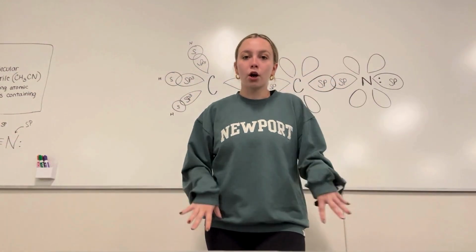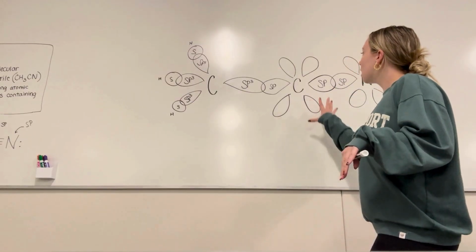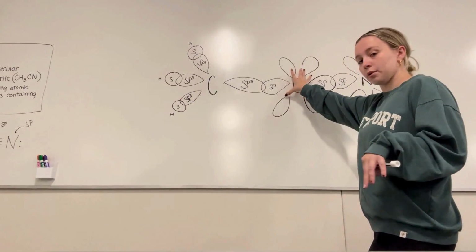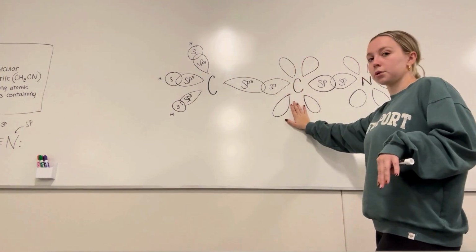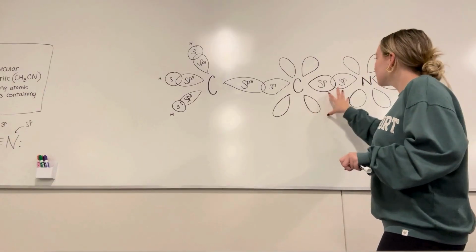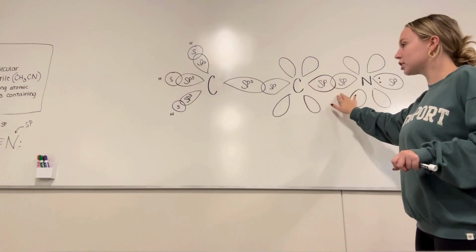Okay, I just wanted to add on to that video after watching over what I had made. So these are the unhybridized p orbitals from the pi bonds that make up the triple bond between the carbon and the nitrogen.